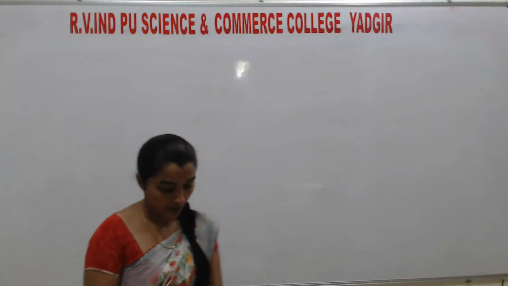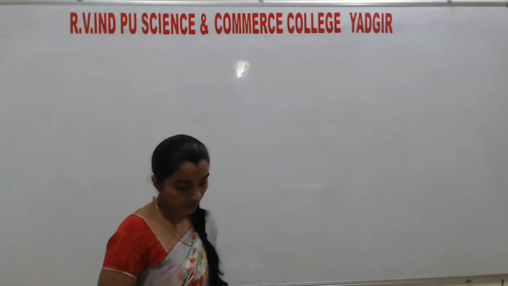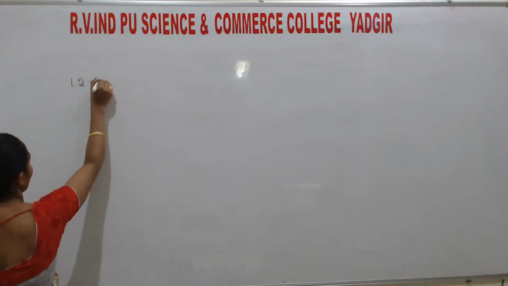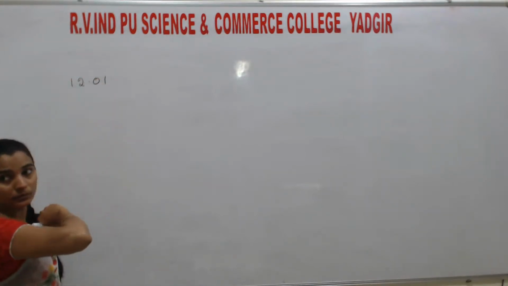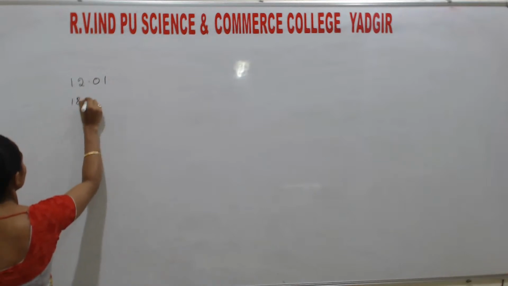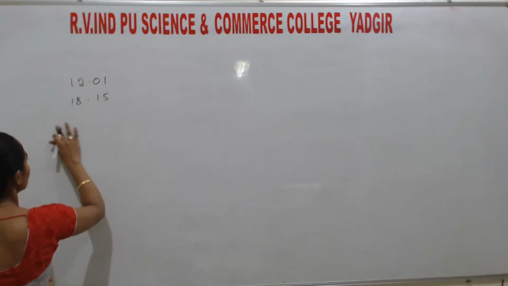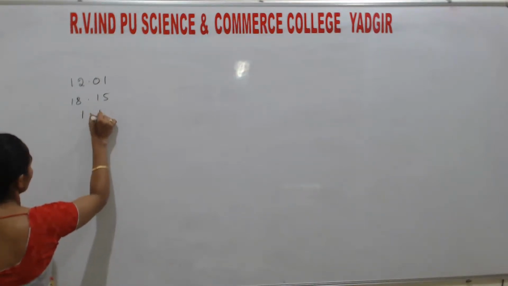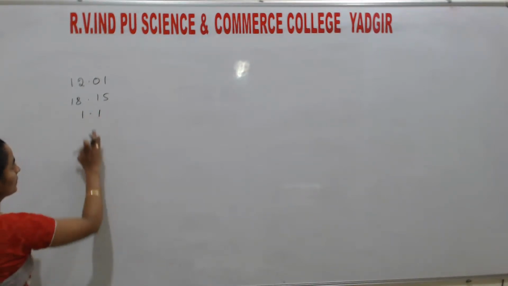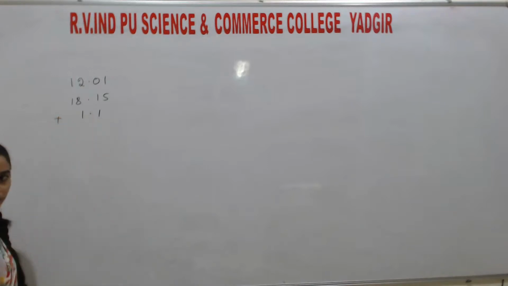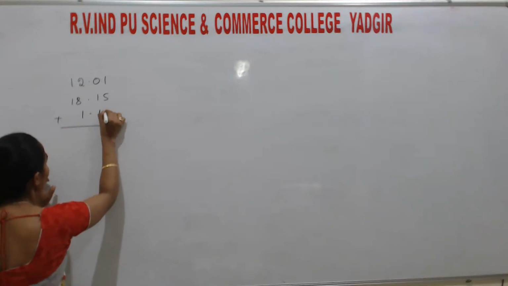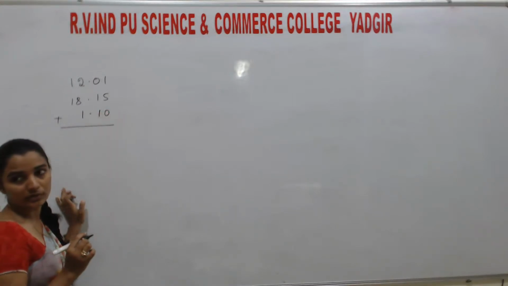So listen, students. Here 12.01 is there, 18.15, and 1.1. Addition: if you add this, you get 1.1, which means 1.10, like this.